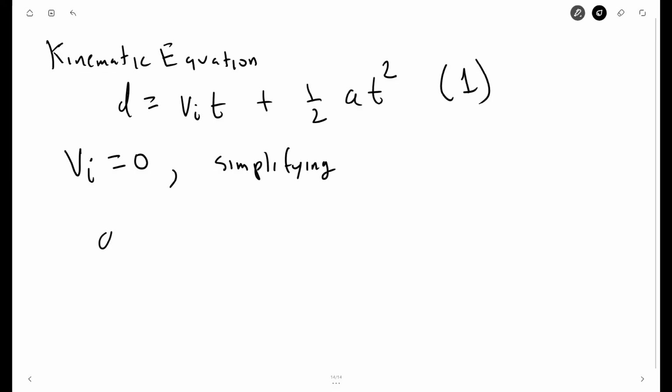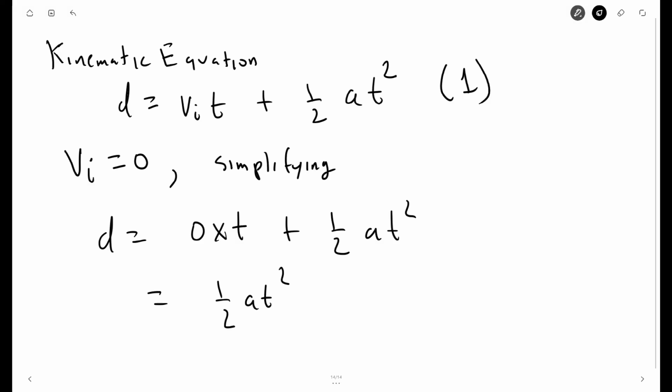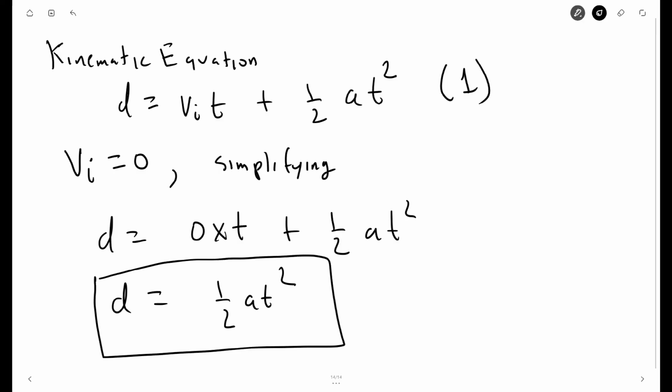We can do d is equal to 0 times t plus 1/2 a t squared. Then that's equal to 1/2 a t squared. So that's your distance. You can use that for your distance equation.